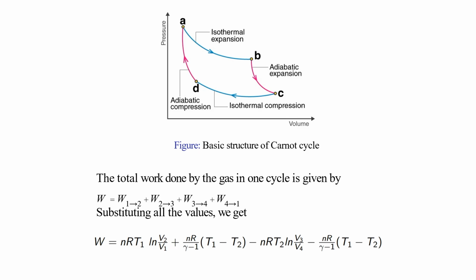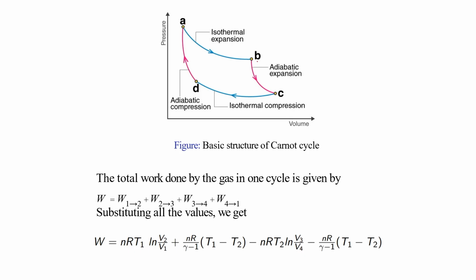So this is the schematic diagram. This is your PV diagram, the pressure volume diagram. We start from point A, our initial state. First isothermal expansion takes place and we reach point B, then adiabatic expansion takes place.